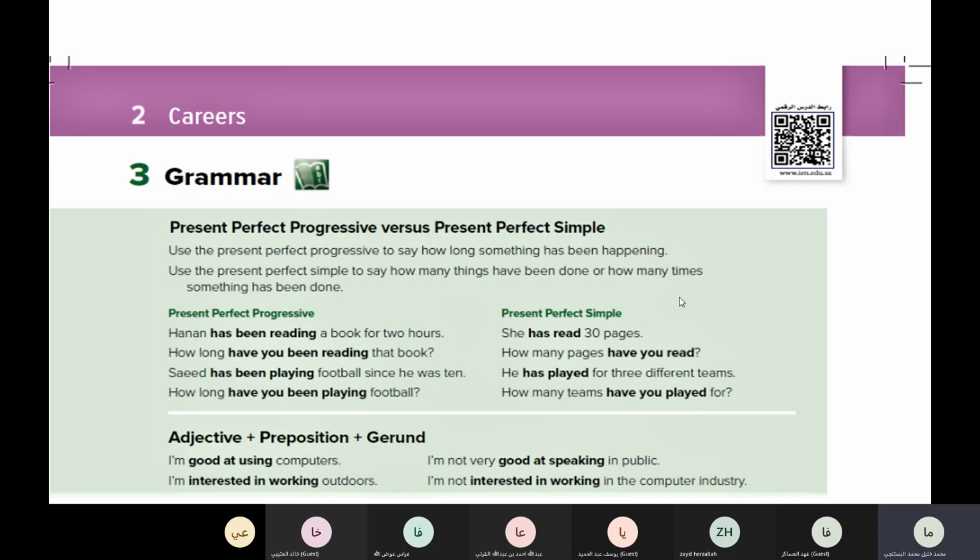Look here. Say how many things have been done. Talking about what things have been done, or how many times something has been done.